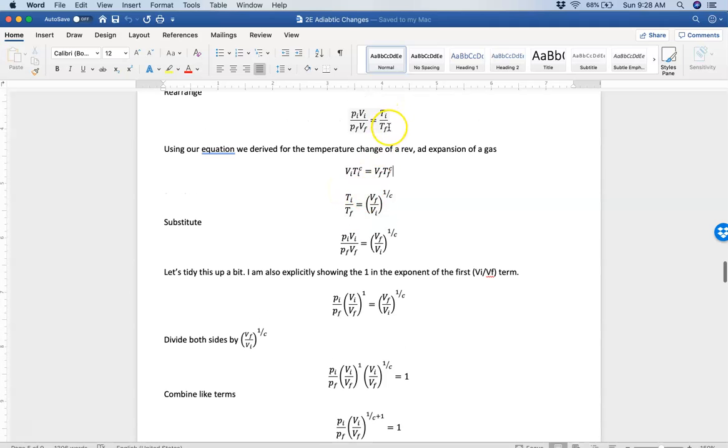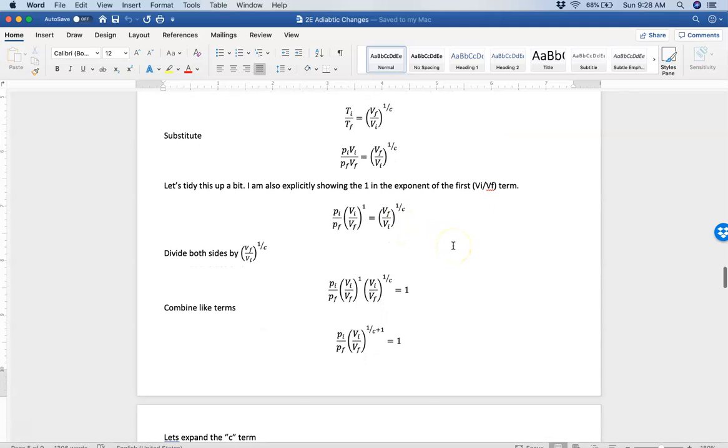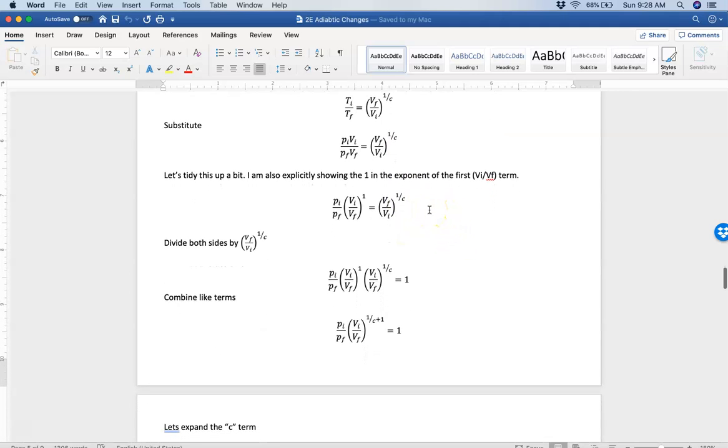Well, there's my Ti over Tf, so I can substitute this part of the equation back into my ideal gas law rearrangement and end up with this here. And again, 1 over c just means taking the cth root of that ratio of the volumes. So we're just going to tidy this up a little bit.